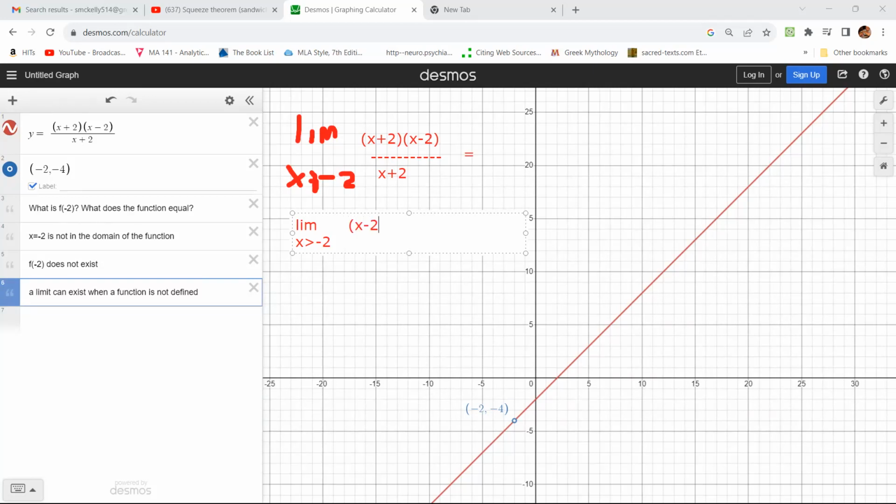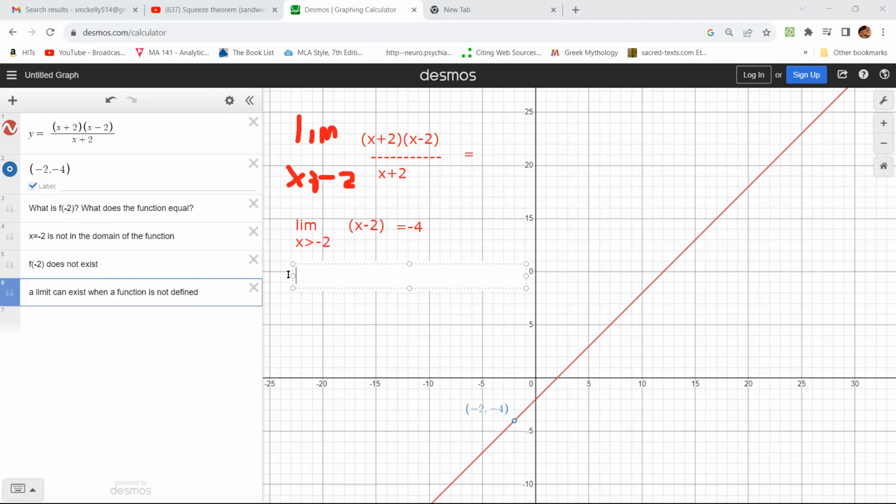This is equal to -4. Now, the function is undefined, but the limit exists.